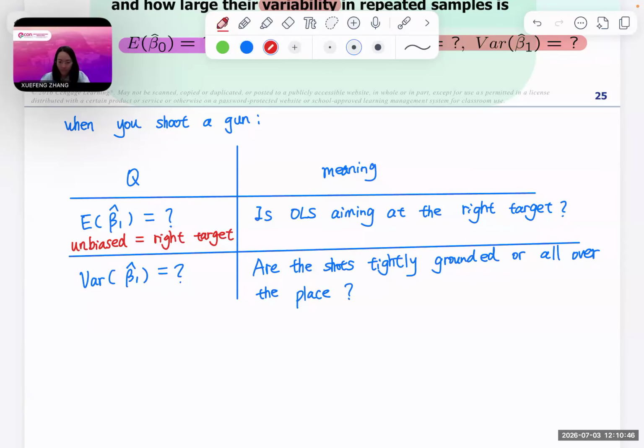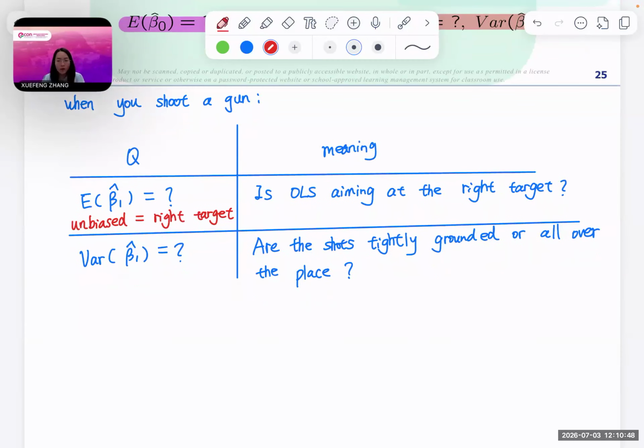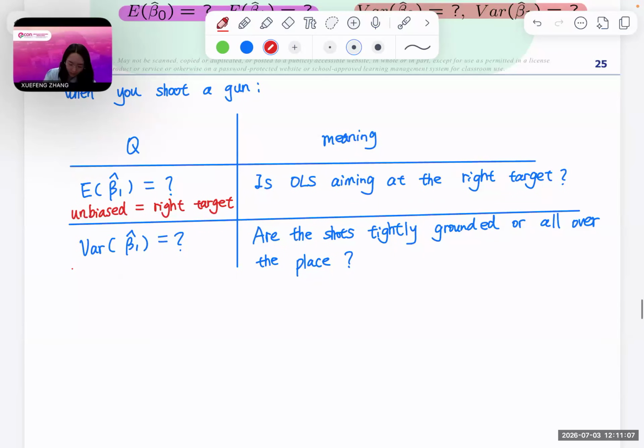And of course, for the variance, we want it to be as low as possible, okay? Low variance means consistent shots. Every time you shoot, your shots are tightly grouped at the center. So low variance means consistent shots.